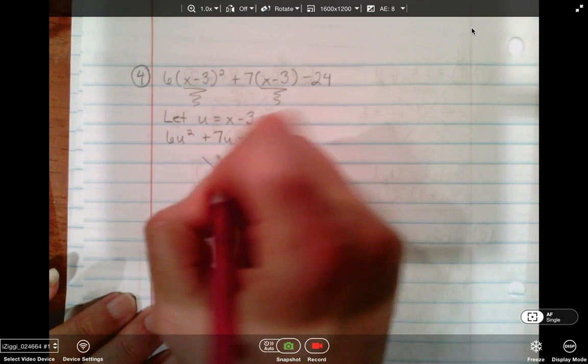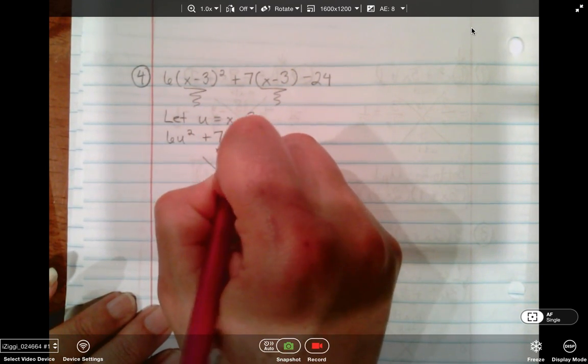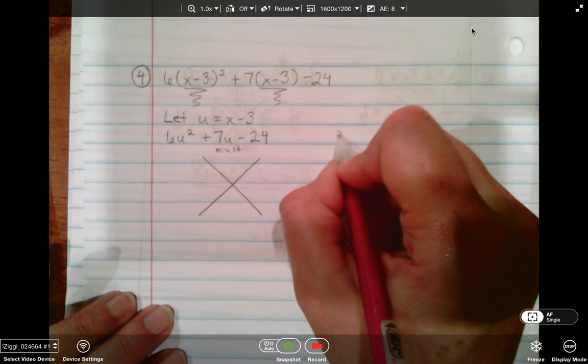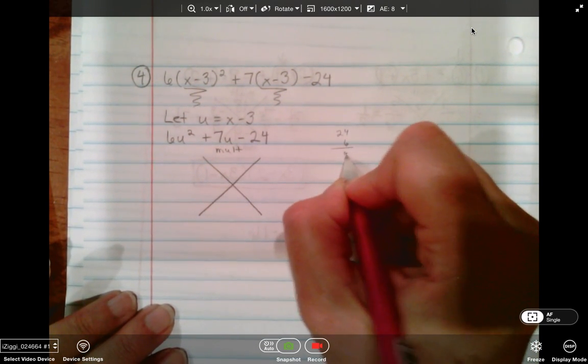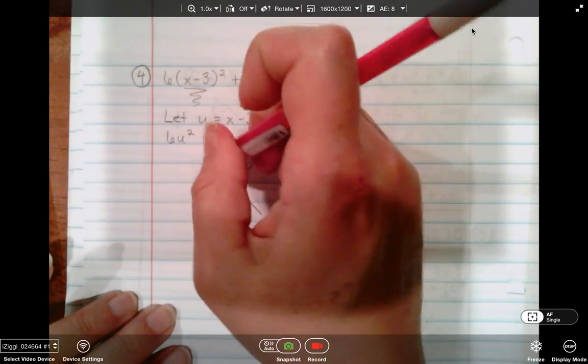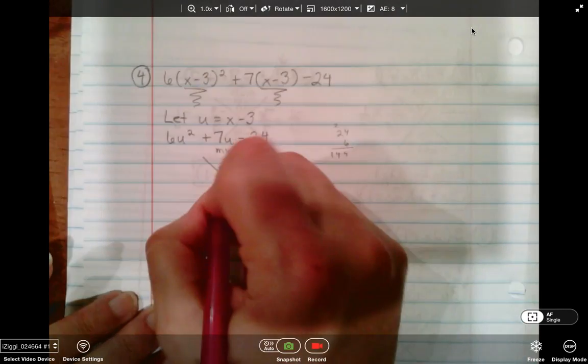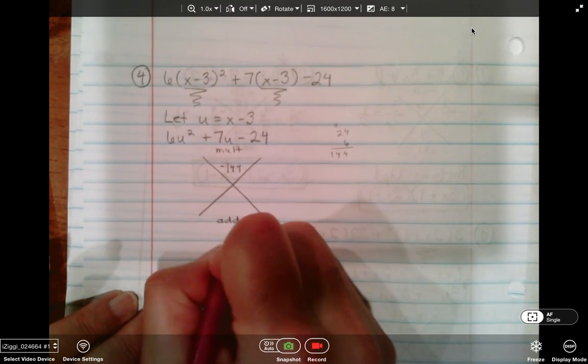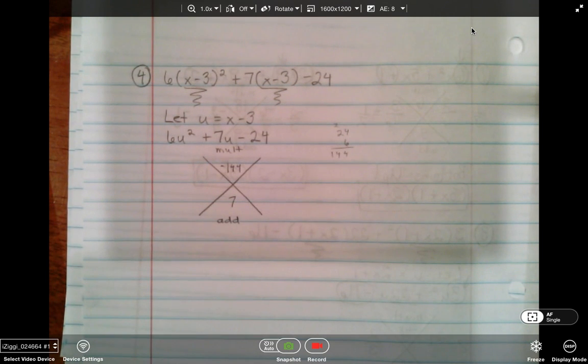So I'm looking for two numbers that multiply to give me 6 times 24, what is that? 6 times negative 24 is negative 144, and then add to give me 7. And guys, I have absolutely no idea what those two numbers are.